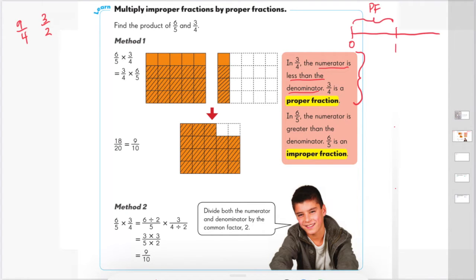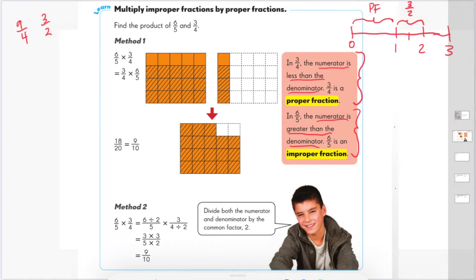Now, fractions that have a numerator that is greater than the denominator, we call improper fractions, and I'm also calling them fractions greater than 1, because that's exactly what they are. These numbers come between the whole numbers. So we could have 3/2, which is 1 and 1/2.